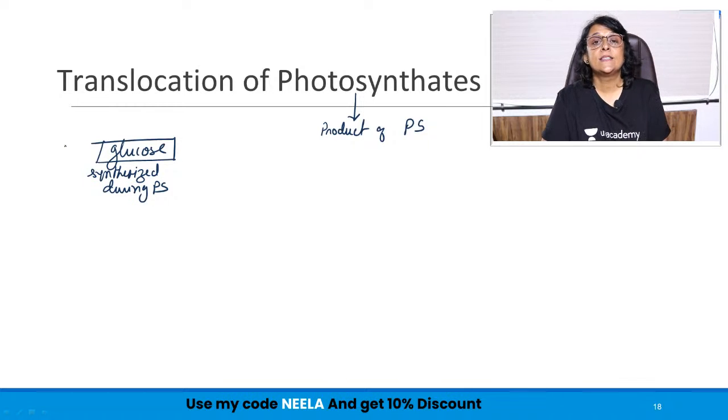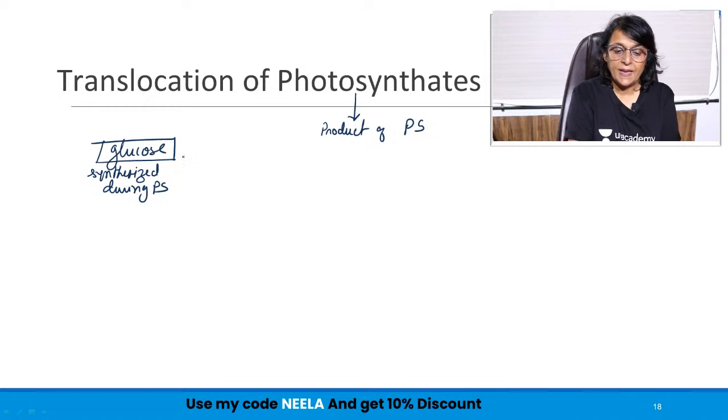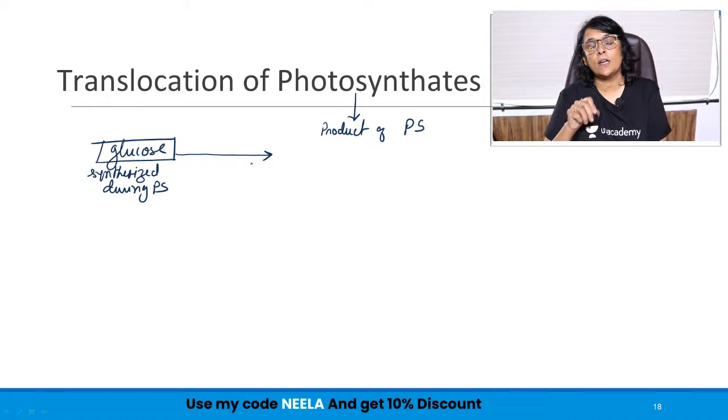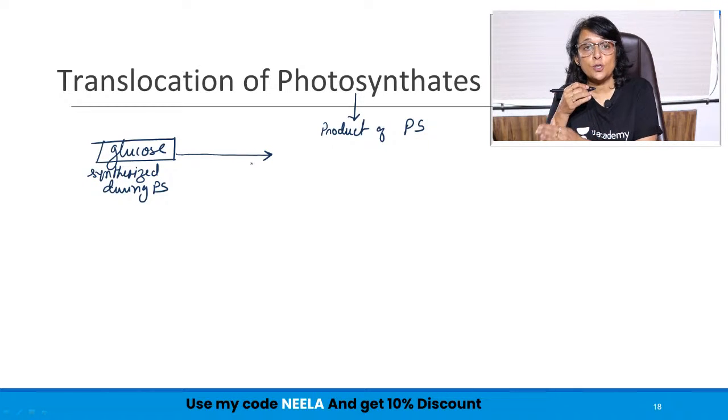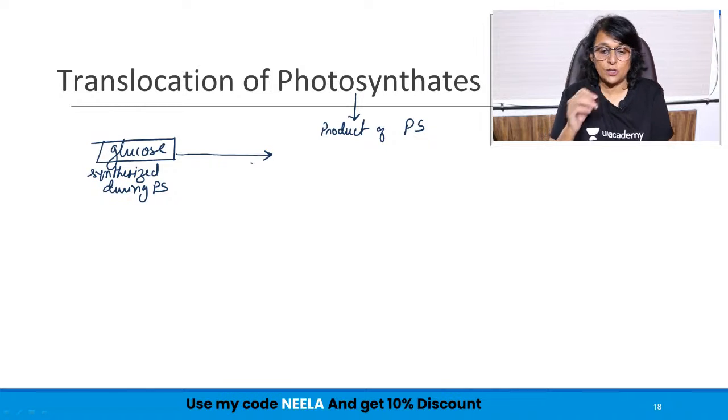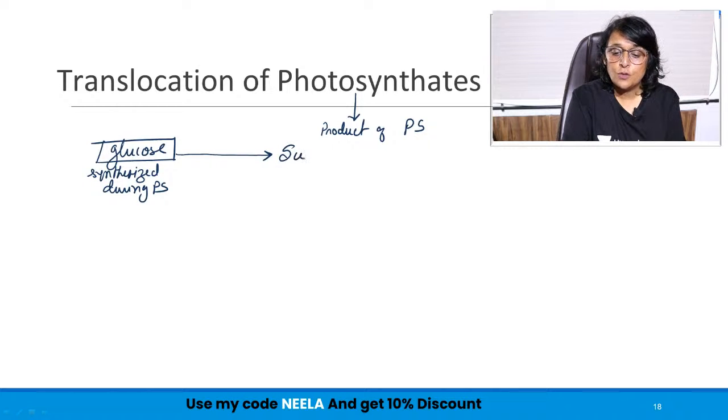Glucose is a highly reactive molecule. It's a reducing sugar. It is translocated. Translocated means from the place where it is synthesized to the place where it is to be stored. That process is translocation in the form of sucrose.